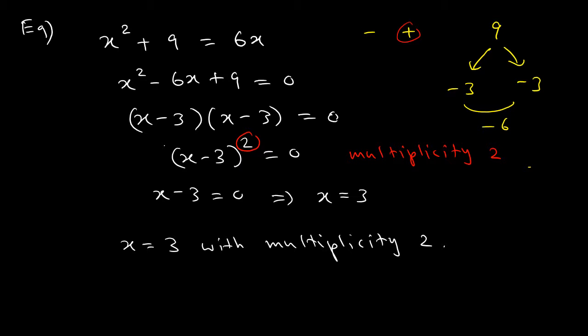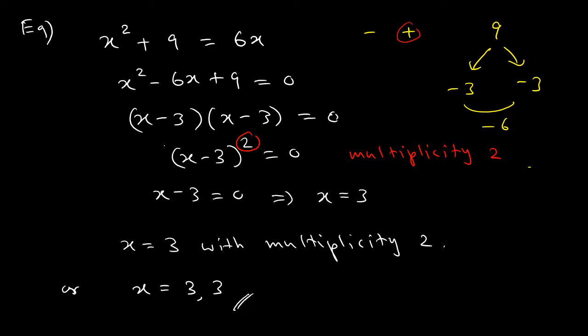Also sometimes we write this one as x equal 3 comma 3 to mean that 3 repeats, and sometimes it is useful in certain problems. For example, in differential equations it would be a good idea to write it like that, because we know that the solutions change depending on what type of roots we get. So if there's a repeated root, it's a different solution.